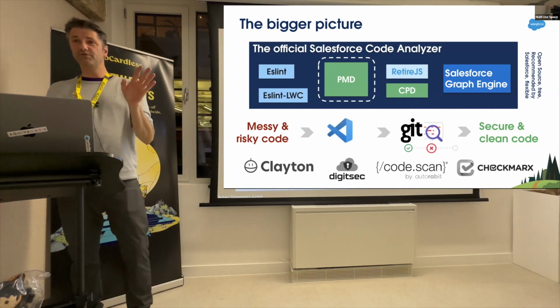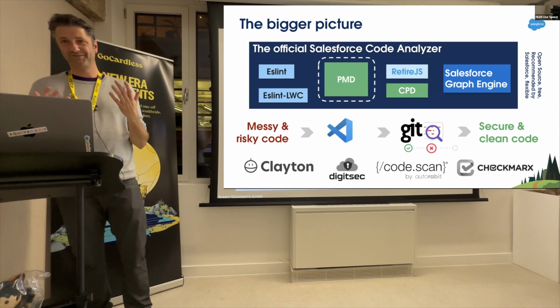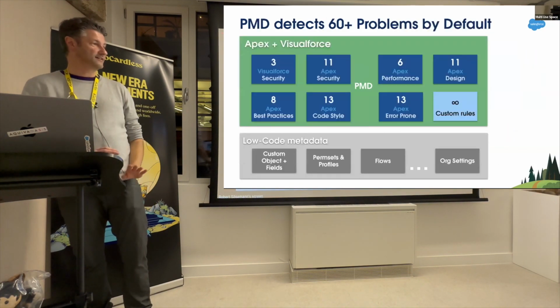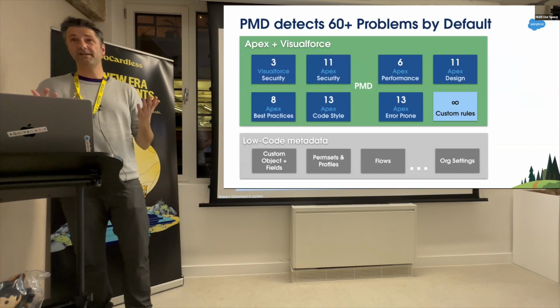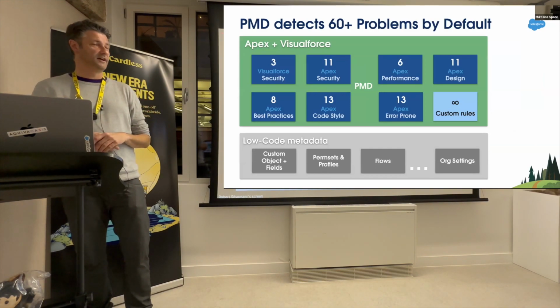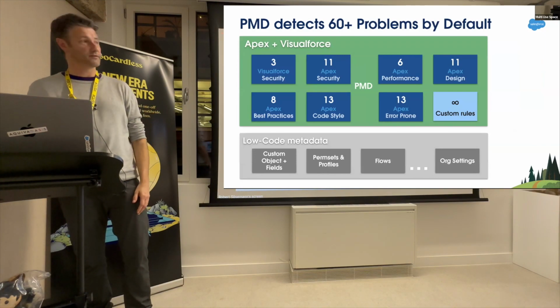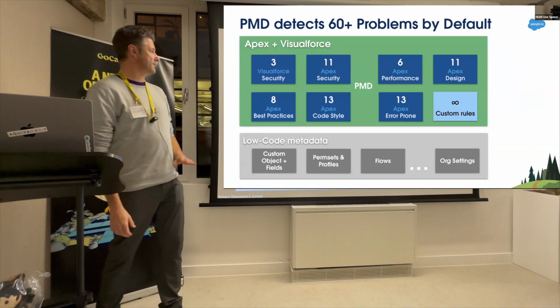So all of you who invested in PMD or decide to invest more are in a very good spot. Salesforce even made the Code Analyzer with PMD and the Graph Engine a requirement for the AppExchange security review. So I really go very quickly over this.